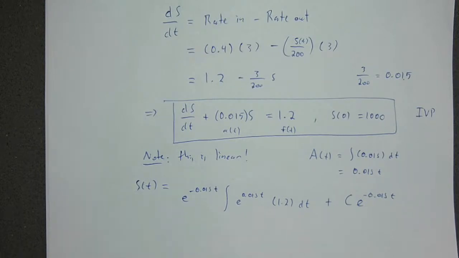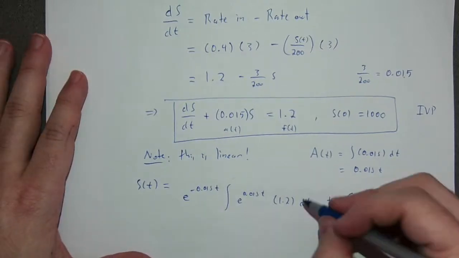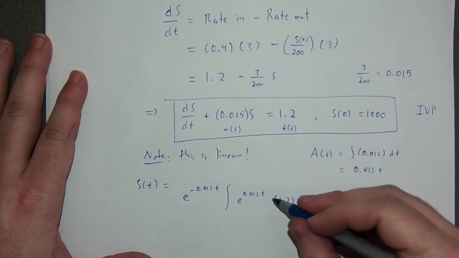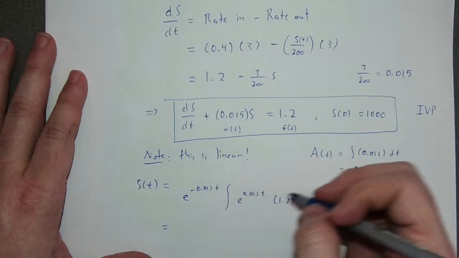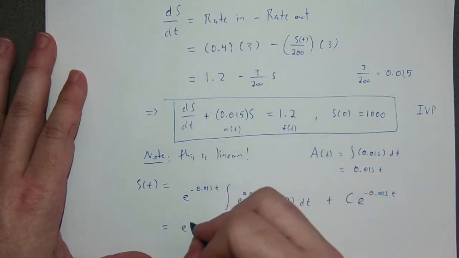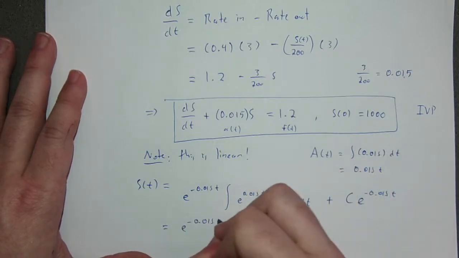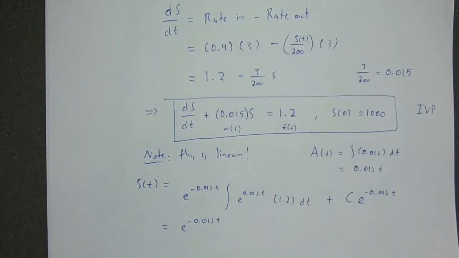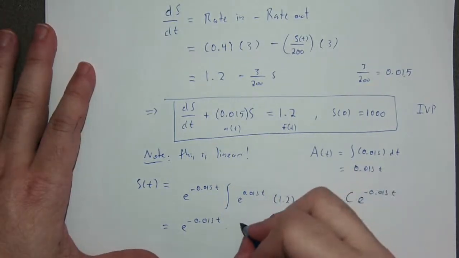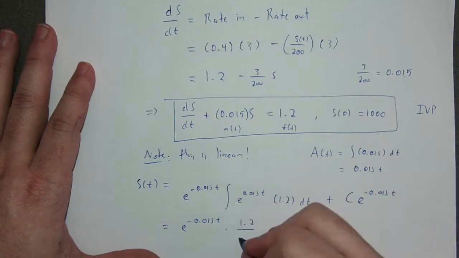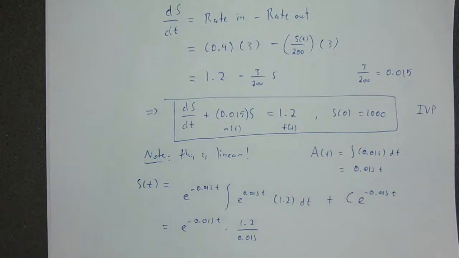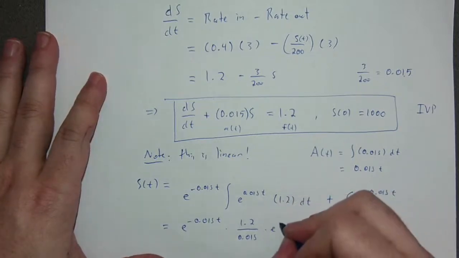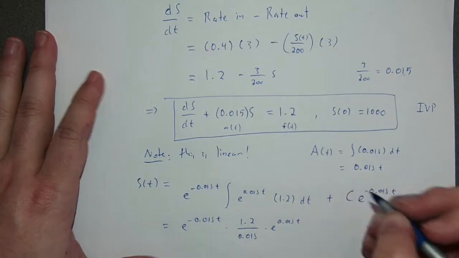Of course, I have a 1.2 times all this, so I would have to have a 1 over 0.015 showing up here. So this is e to the minus 0.015 t times 1.2 over 0.015 times e to the 0.015 t.